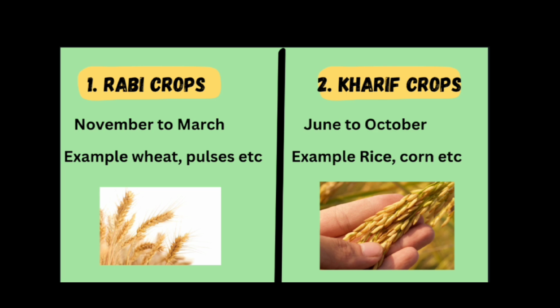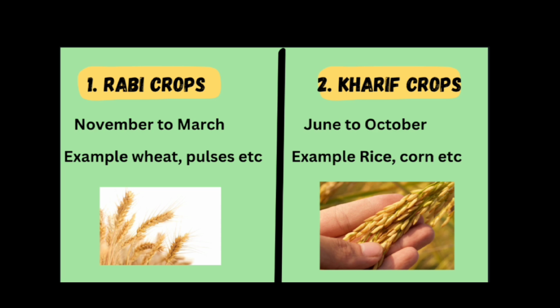Rabi crops are grown from November to April. These crops do not depend on the rain, for example, wheat, pulses, etc. Kharif crops. These crops are grown from June to October in the monsoon season. These crops largely depend on the rains, for example, rice and corn.